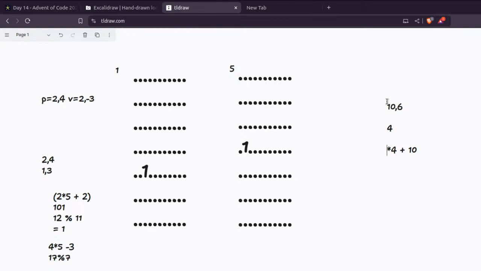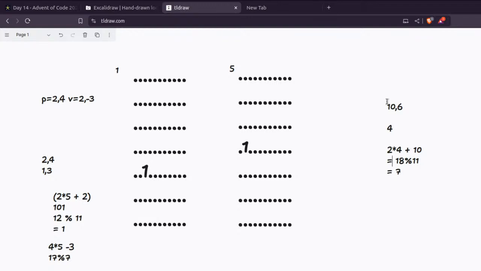So that becomes how much? 8 plus 10, which is 18 mod 11, which is 7. 18 mod 11 is 7, right? And then this is wrong. We multiply the position first.